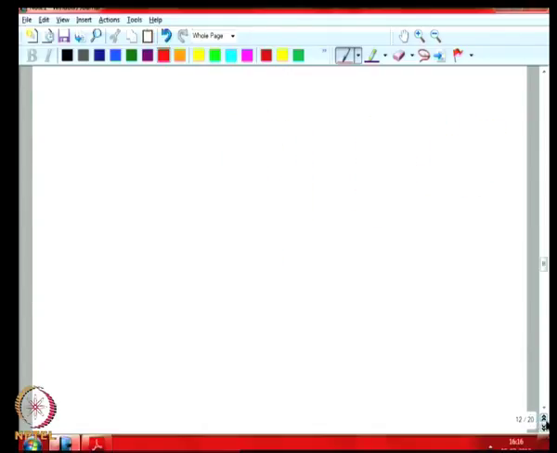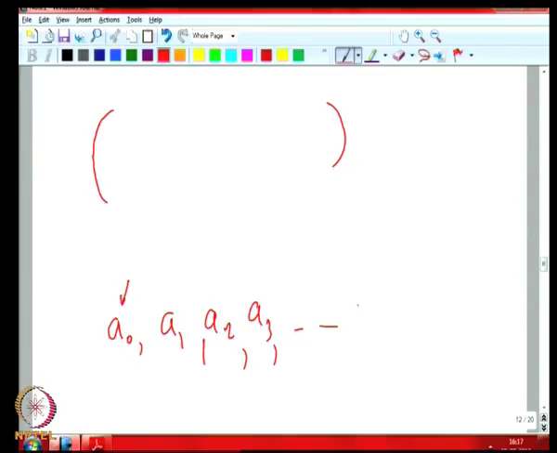Now, to solve this, we say we have a sequence of numbers, say A0, A1, A2, A3 and so on. AI corresponds to the number of signals that can be made provided you are using I flags in the signal.